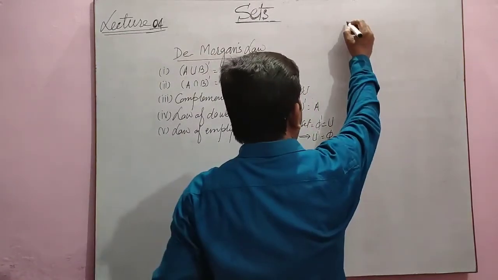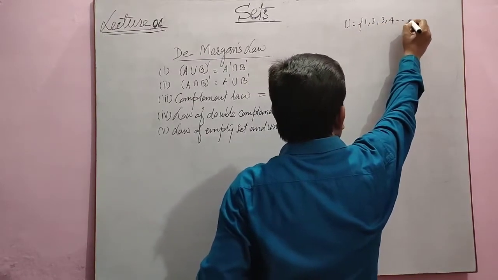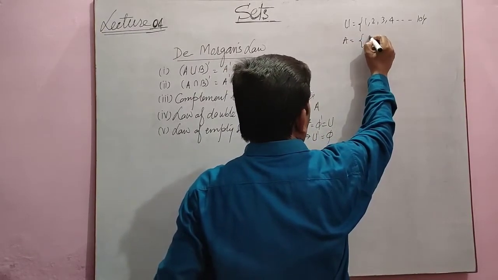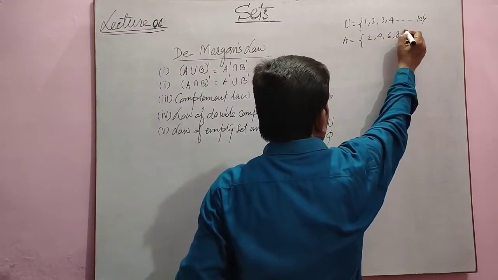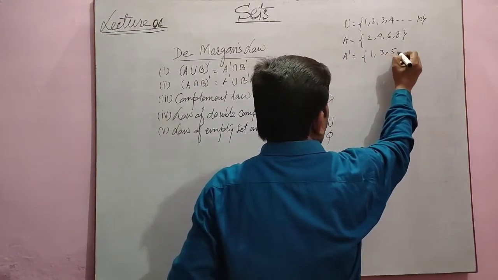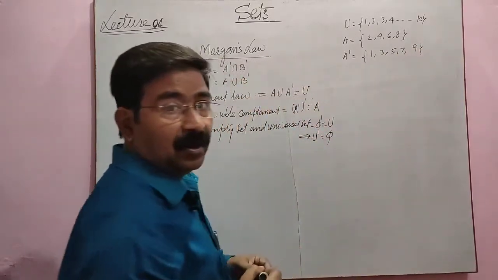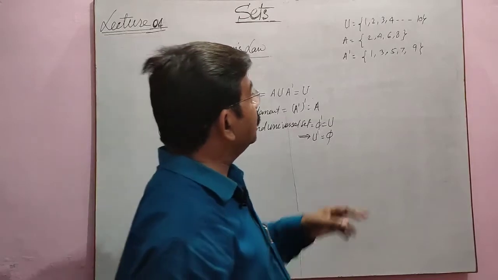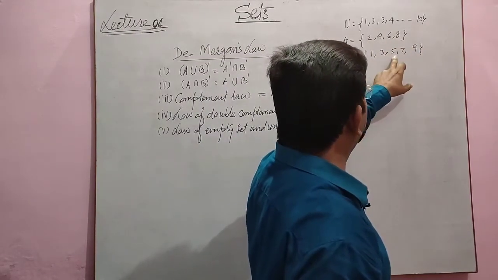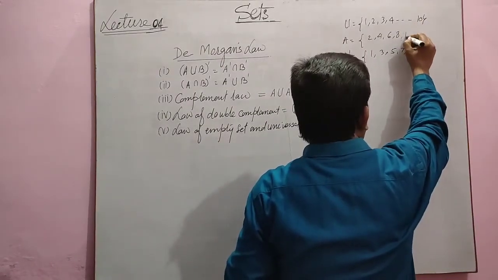Suppose you have a universal set 1, 2, 3, 4 up to 10, and a set A is 2, 4, 6, 8, and 10 also I am writing. So what is A dash? We have 1, 3, 5, 7, 9.